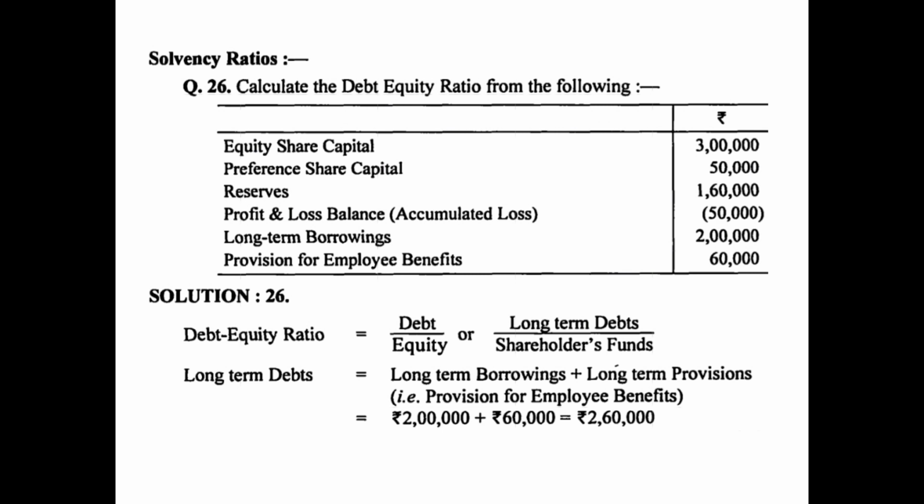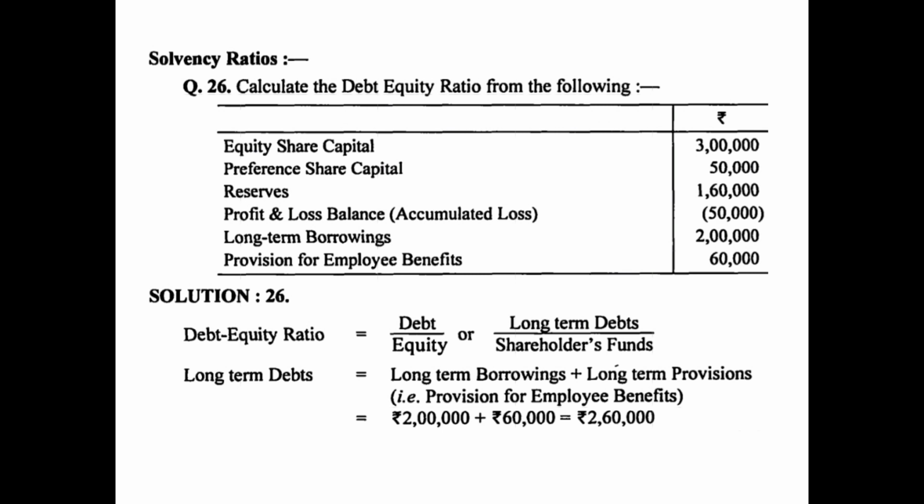So again, it is a part of equity, but it will be deducted because it is a loss. Then long term borrowing is a part of your debt. Provision for employee benefits, basically again it's a long term provision, it is also a part of debt. So we'll put the values in the formula and we'll get the debt equity ratio.